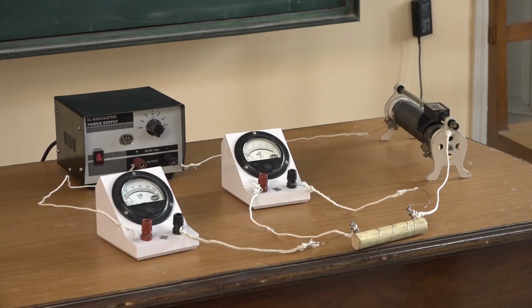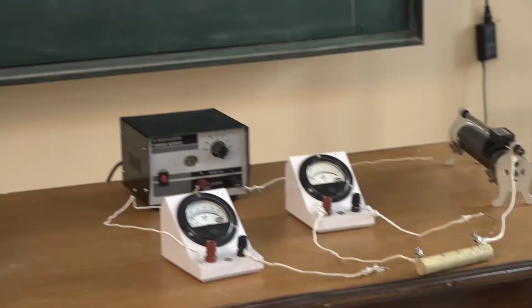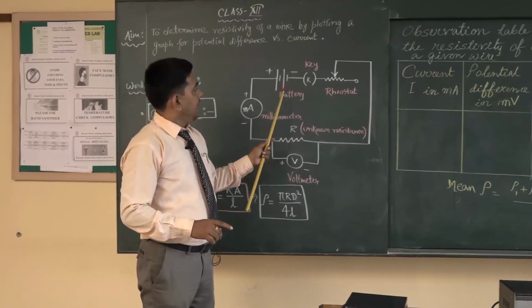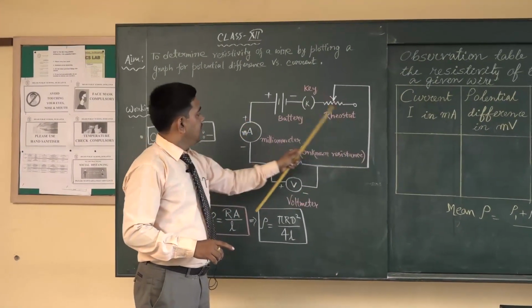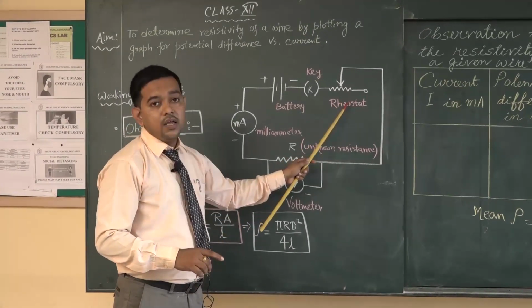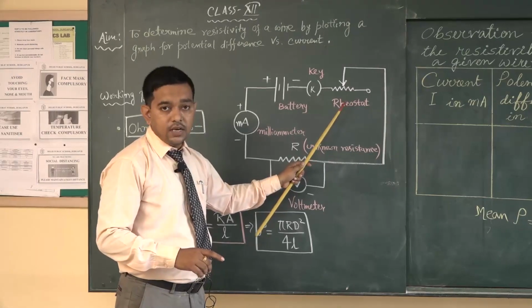Let us see once more the circuit element. In this particular circuit, you can see that this unknown resistance R is in series combination with the resistance given in the rheostat.